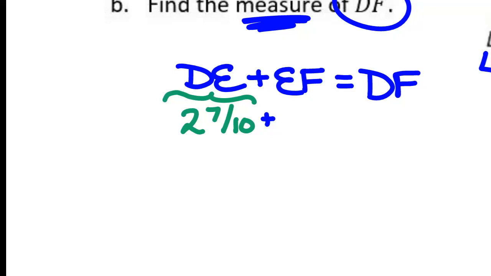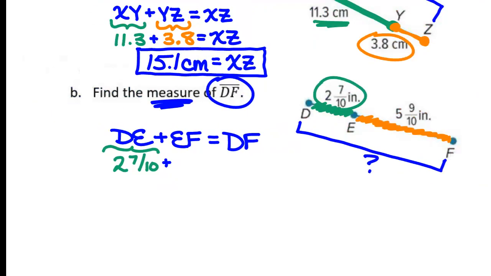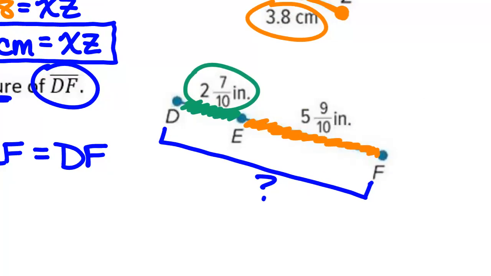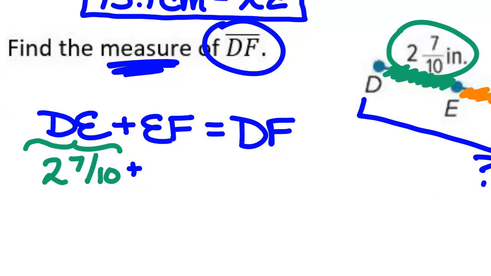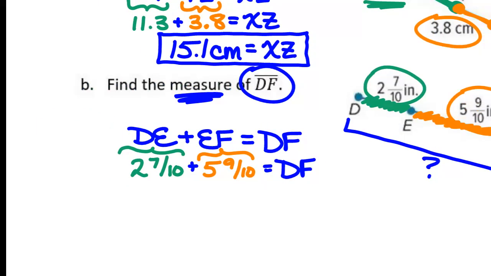What do you have to have if you're going to add fractions together? Common denominator. Well, how big is segment EF? 5 9/10. Do our two fractions have the same denominators? Yes, so we could add our fractions together. Yep, we would get 16/10, 1 6/10, and then we'd also add the whole numbers.